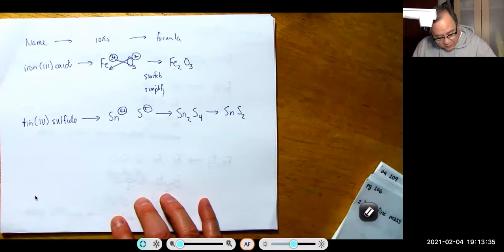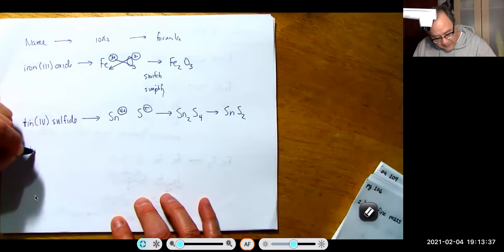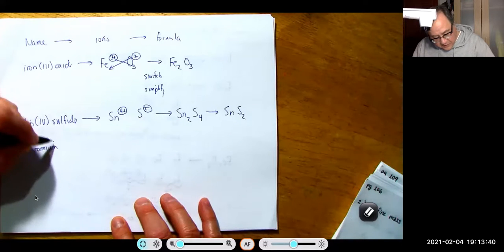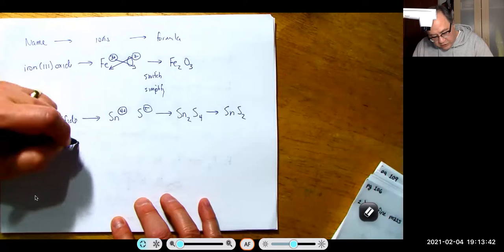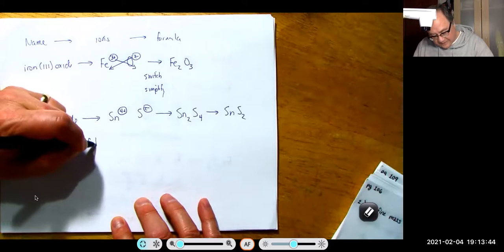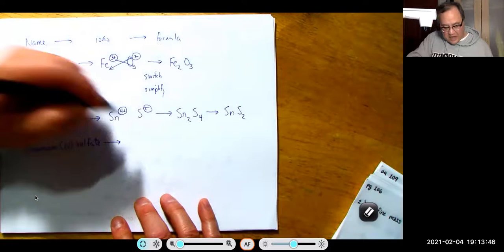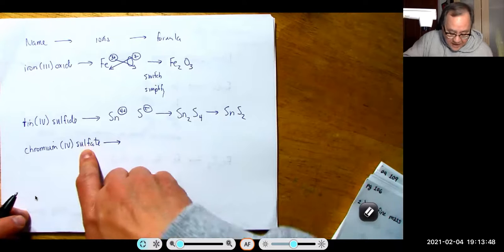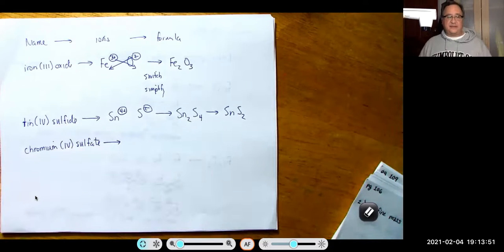Okay, how about this one? Chromium 4 sulfate. Not sulfide, sulfate.